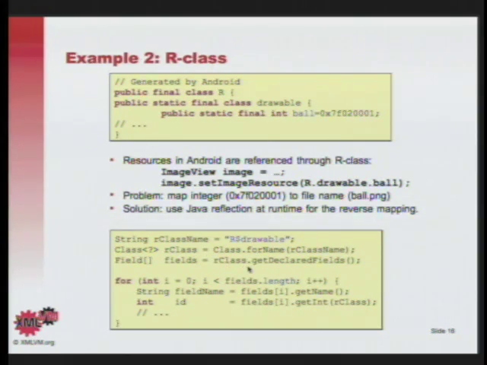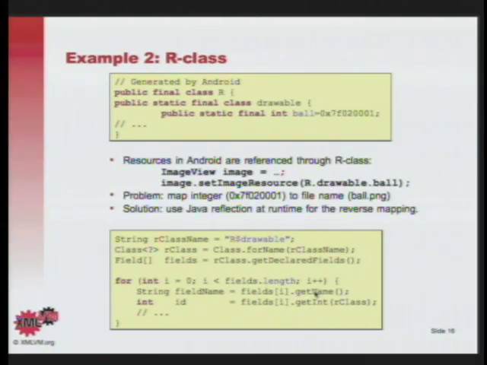Then we're using Java reflection to get back all the declared fields, which is basically an array of Field. And this API comes from J2SE, so that's nothing magic. That is just standard Java stuff. Then you can iterate over all the fields, and we can retrieve the name and the integer that is associated.